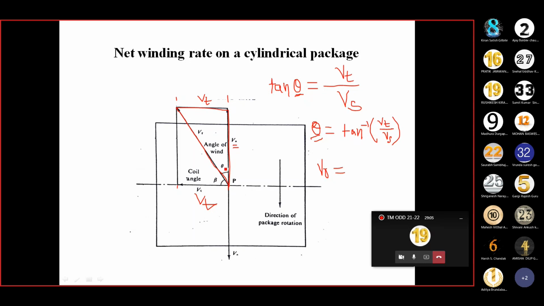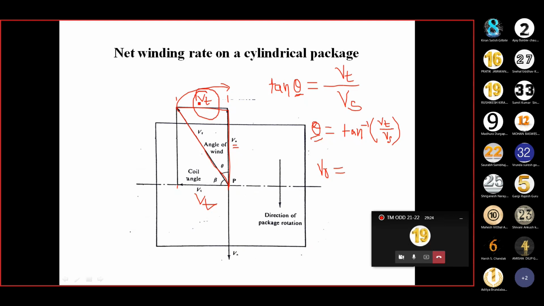So it means you have to take sine theta instead of tan theta. So this is theta, and you have to calculate using sine theta. For that, you have to resolve this.